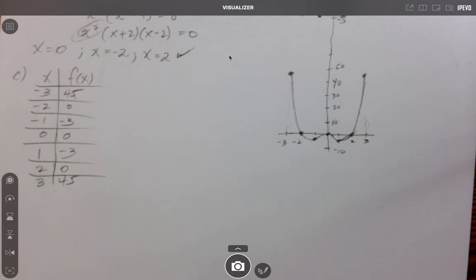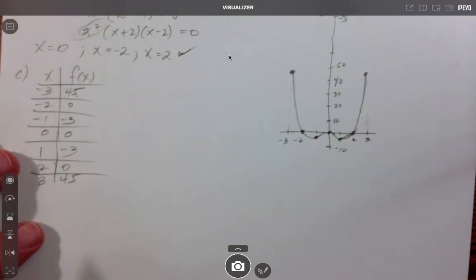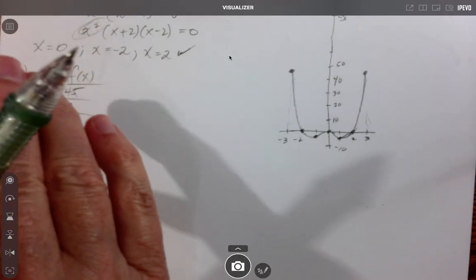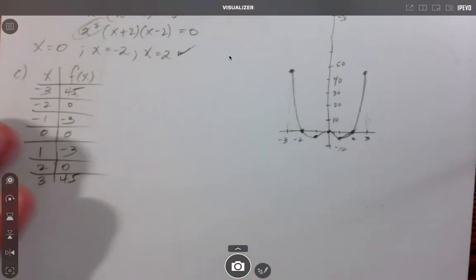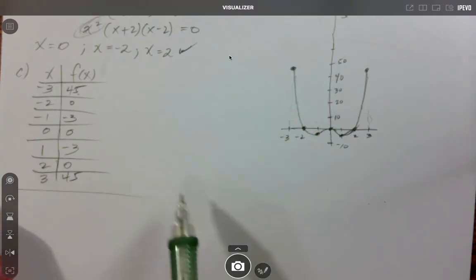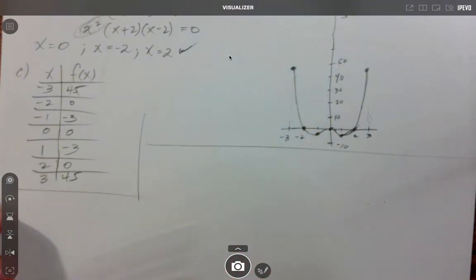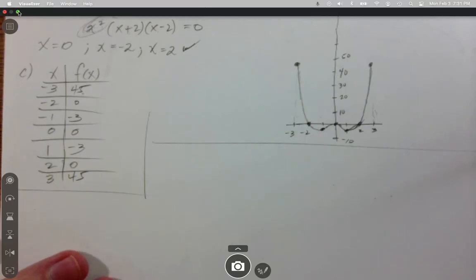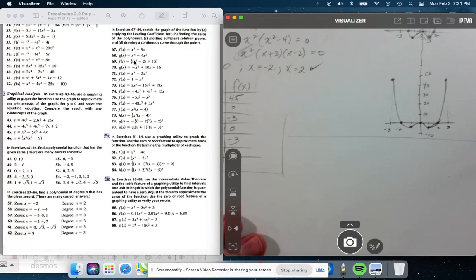You should be able to graph these by hand and get a decent approximation without using technology, because you need to be familiar enough with the graphs that you can get a pretty good graph just by doing it without a calculator. All right, so that's how you do these problems.